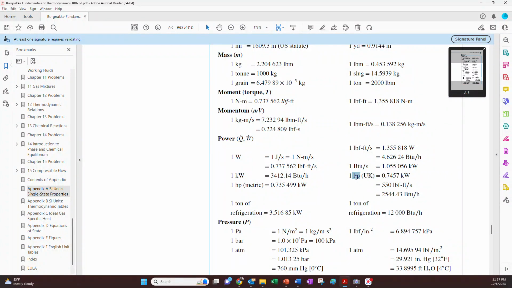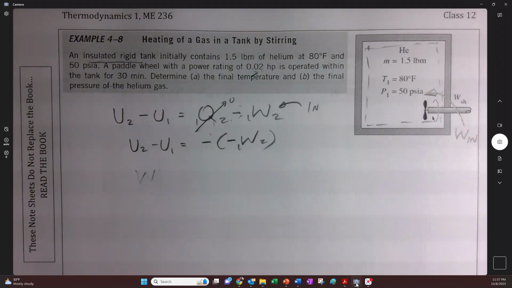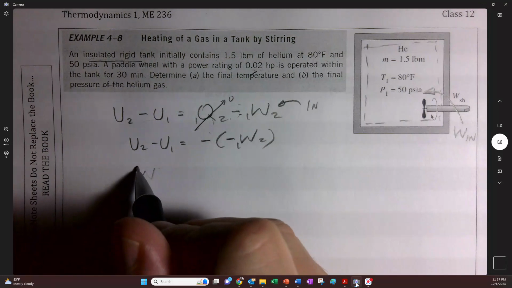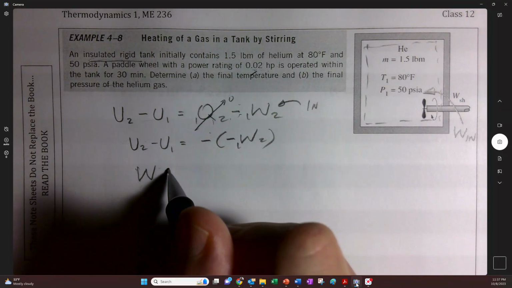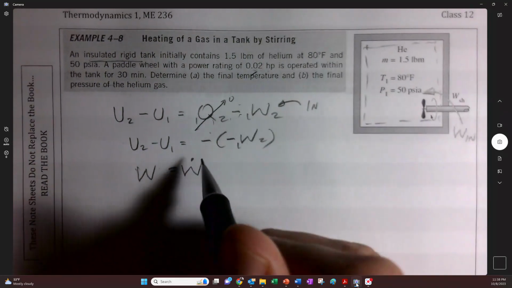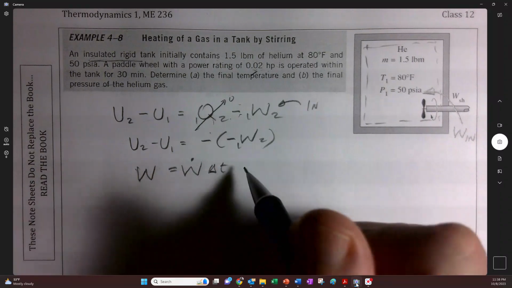Here's a horsepower. 1 horsepower is equal to 2,544.43 BTUs per hour. Let's go BTUs because that's what we usually use in US units. So this work is going to be equal to the power, which I'll write like work rate, times time.